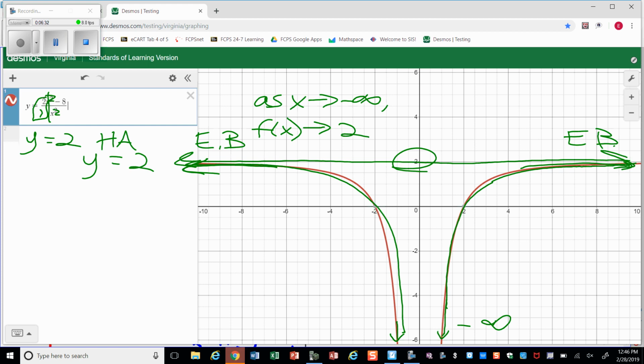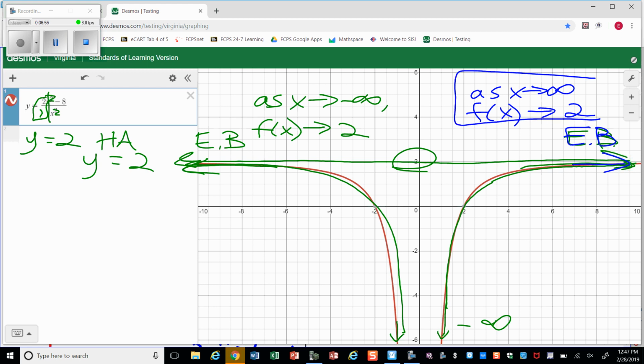And if I look at the right-hand side, as x approaches positive infinity, going to the right, my function is approaching this horizontal asymptote. It's approaching 2. Remember that is end behavior. When we say end behavior, we're talking about this phrase right here.